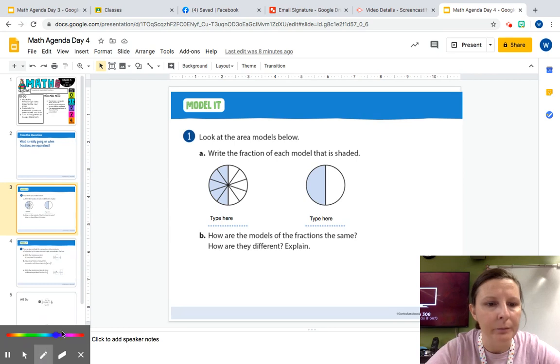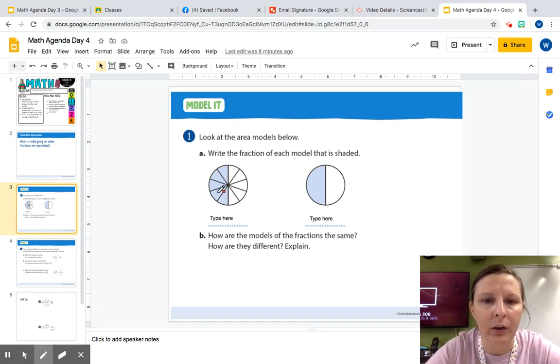What we're going to look at here is we are going to count how many total spots we have. So how many spots is it separated into? So I have 1, 2, 3, 4, 5, 6, 7, 8, 9, 10.